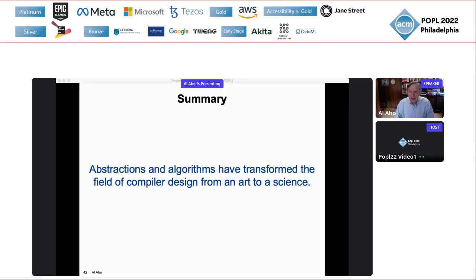And then in 1965, Donald Knuth came along and wrote his seminal paper on LR(k) grammars, where he defined sort of the maximal class of context-free grammars that could be parsed deterministically using a shift-reduce parser.